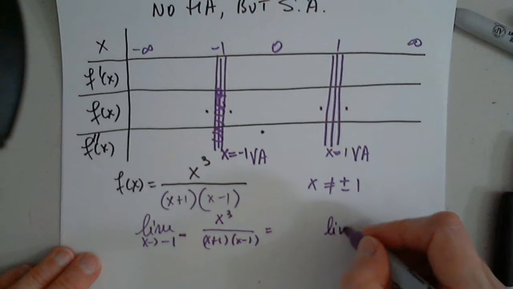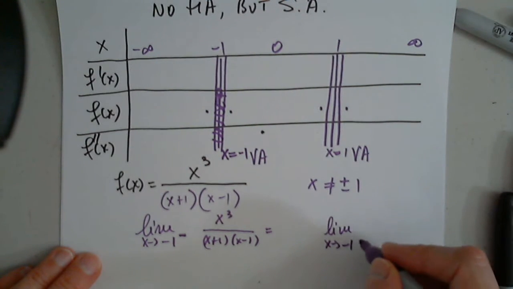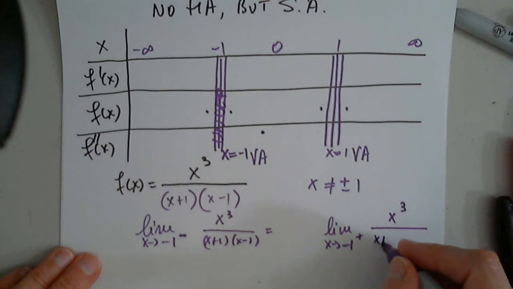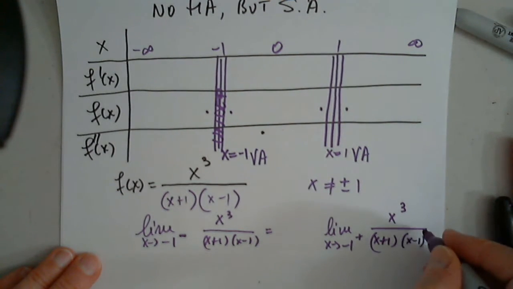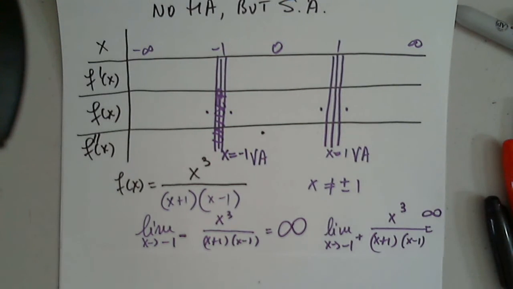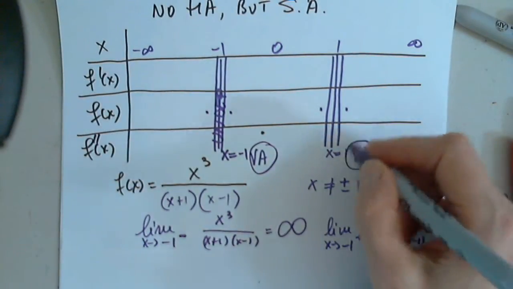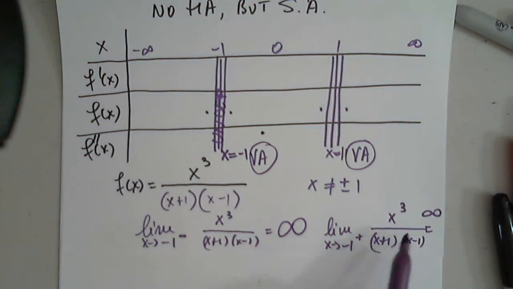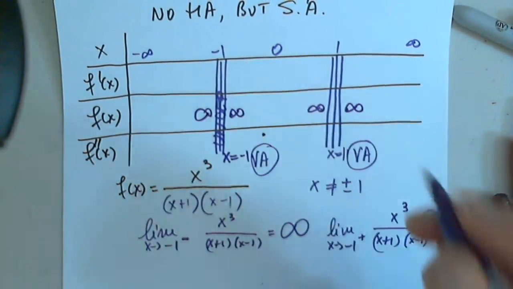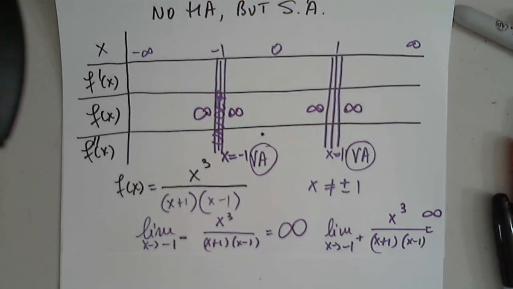And then limit as x approaches negative 1 from the right of x to the third over x plus 1, x minus 1. I know the answer, but I don't know the sign. Once I write here vertical asymptote, the answer has to be infinity.